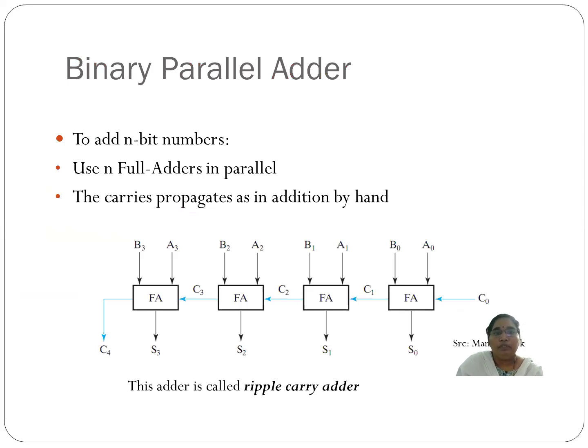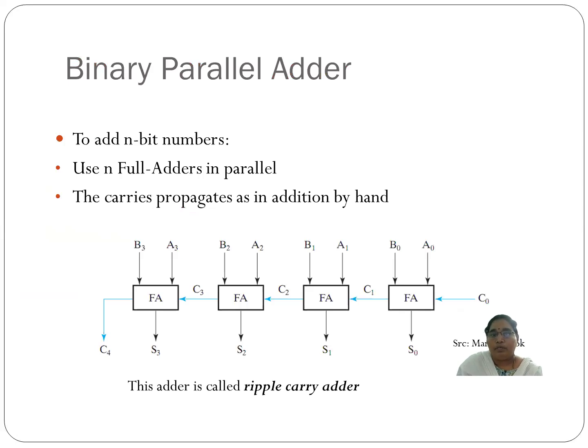To achieve this addition, we will use 4 full adders: full adder 1, full adder 2, full adder 3, and full adder 4. For the first full adder, we will connect both the least significant bits of the numbers A and B and a carry input. We know that a full adder adds 3 bits of information.